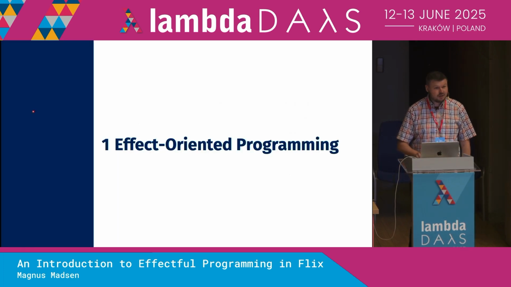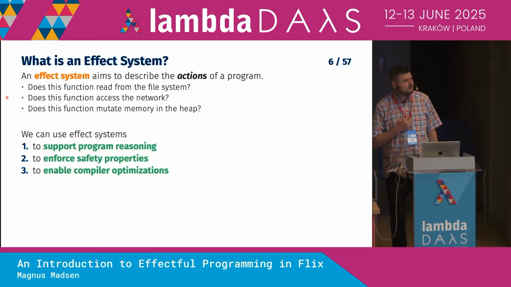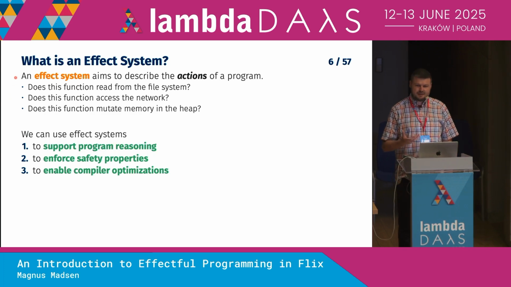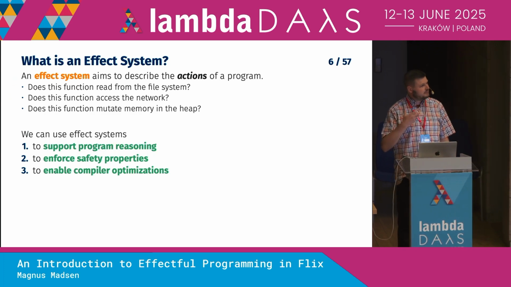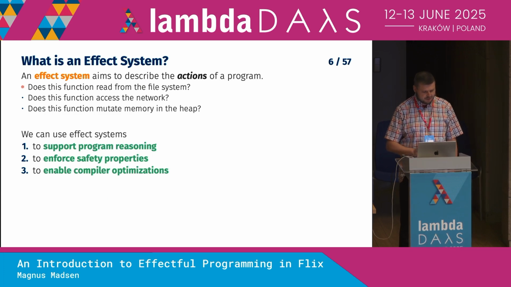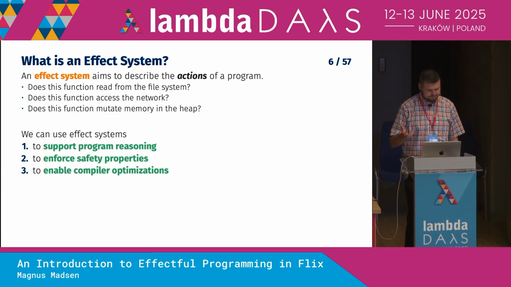Okay, so let's talk about effect-oriented programming in Flix. So what is an effect system? Well, it's something that tries to describe the actions that our program can take. So when we run this function, for example, what can it do? Does it access the network? Does it access the file system? Does it mutate something in the heap? And why would we care about this?